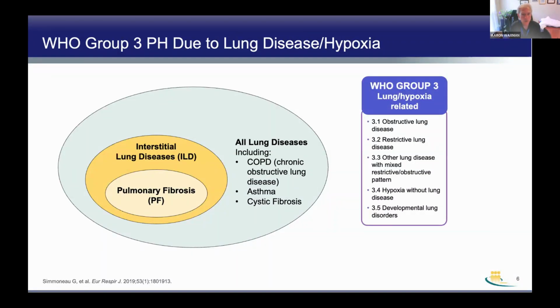We can break it further down as far as how the World Symposium has into obstructive lung disease, restrictive lung disease, both mixed obstructive restrictive disease, particularly we think about there the combined pulmonary fibrosis and emphysema, and then hypoxia without lung disease and developmental lung disorders.